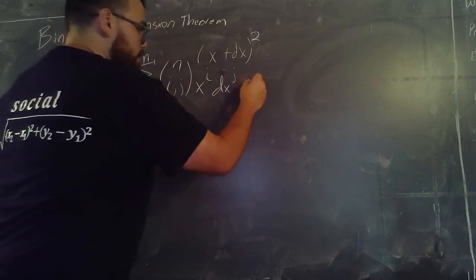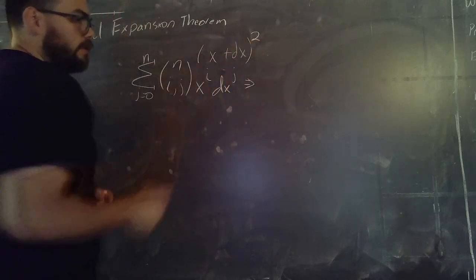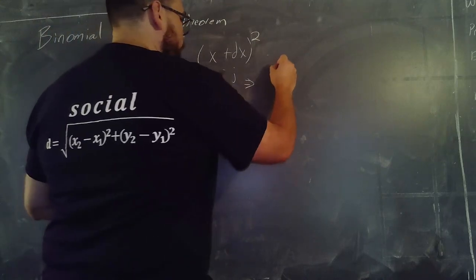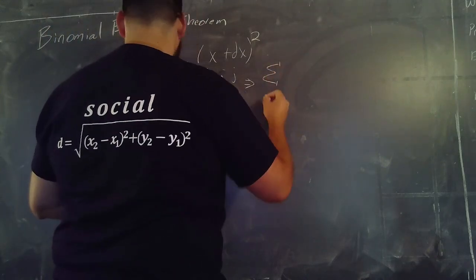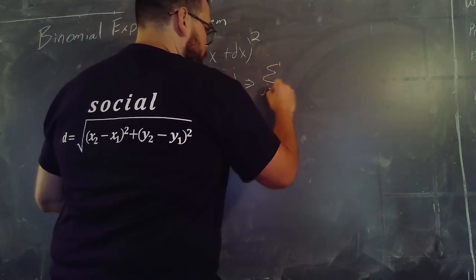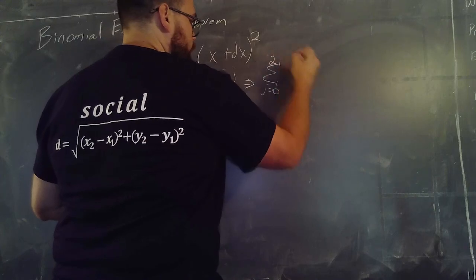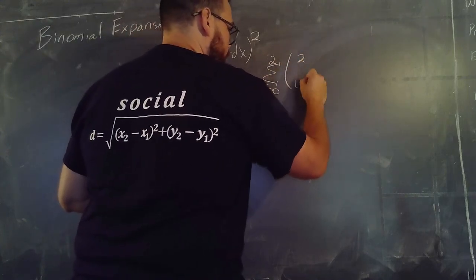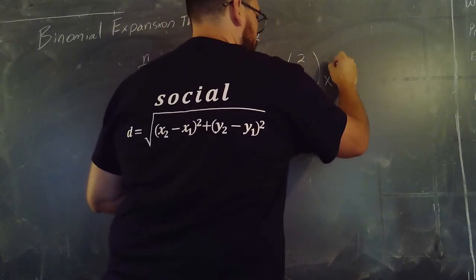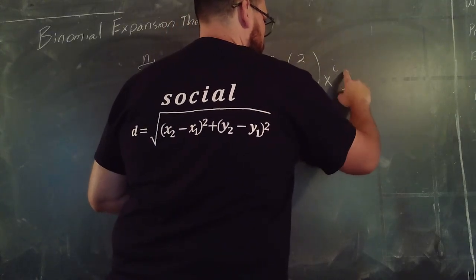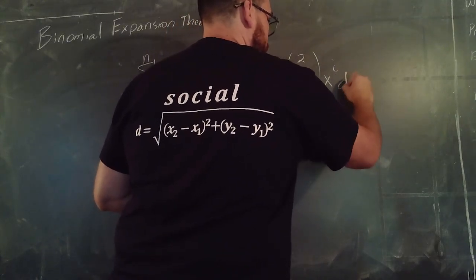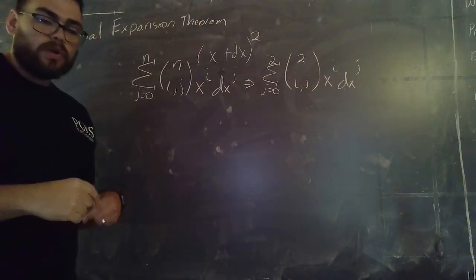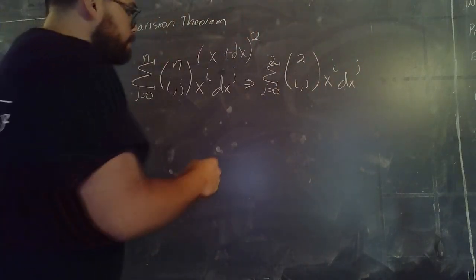In our case, we have our power of 2. So our n is going to end up being 2. We have our summation from i equals 0 to 2, 2 choose i, x to the i, dx to the j. And we're going to actually write out what the summation is.